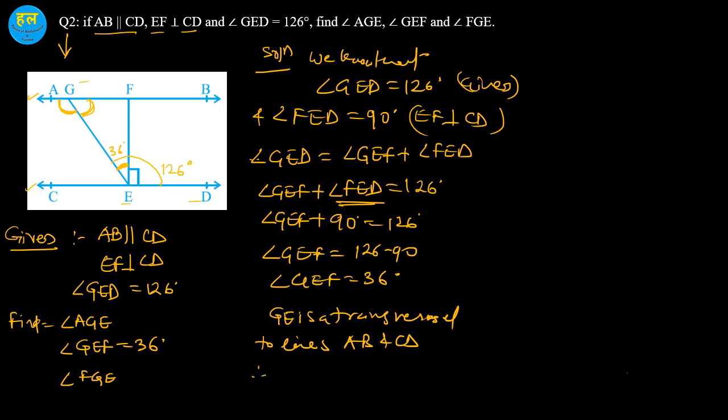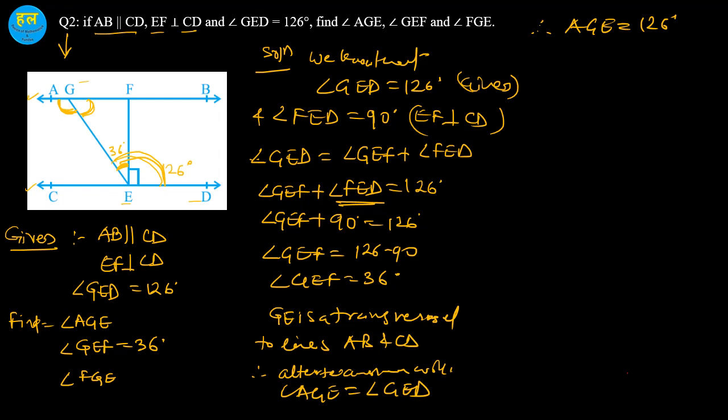Therefore, alternate angles will be equal. That means this will be equal to this. That means angle AGE will be equal to angle GED. Therefore, AGE is equal to 126 degree.